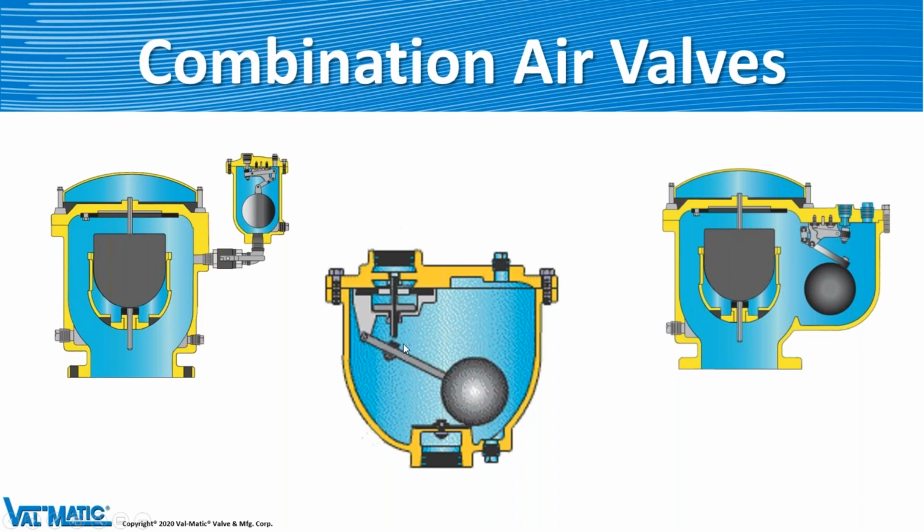So that's the air release part of it. It stays shut most of the time unless there's air trapped in there, then it'll exhaust it. And the one on the right here is a single body dual float design, same kind of thing.